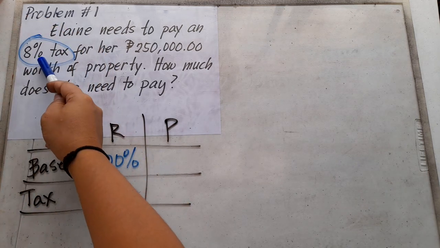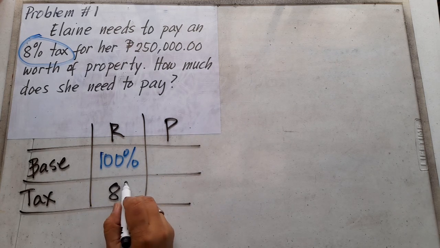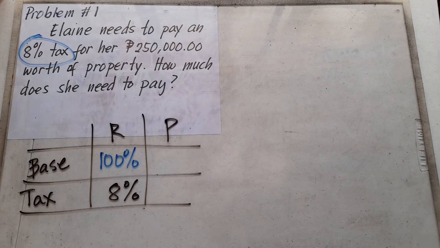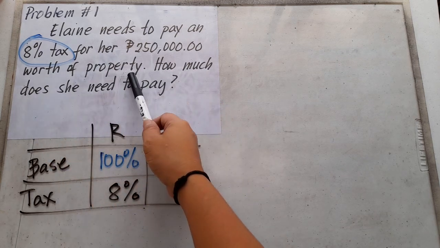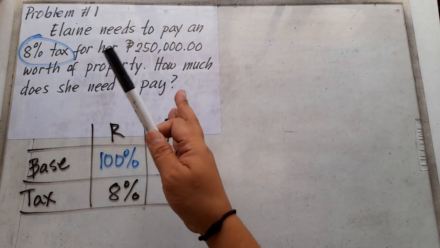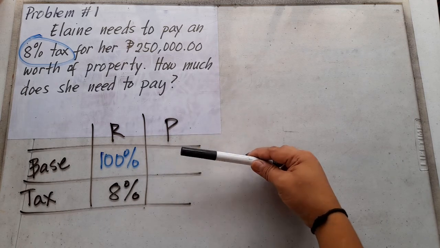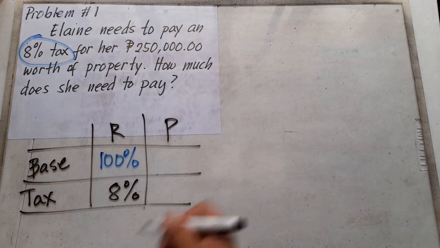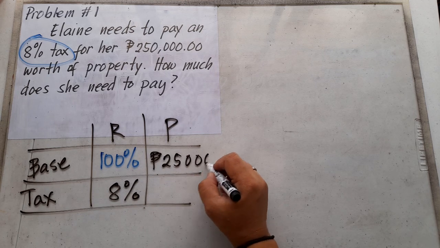At dahil meron niyang percent sign, it's a rate. So we write here 8%. Okay, for her 250,000 peso worth of property. So it's the worth of the property. Yun yung cost ng property niya. So it's 250,000 peso. It's the base.